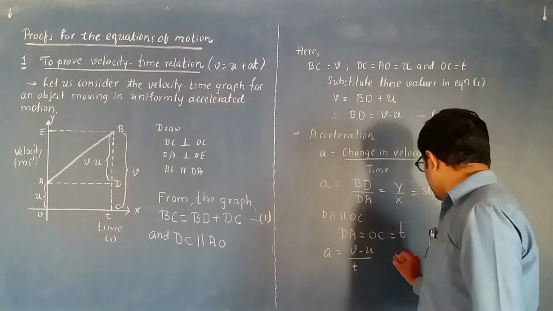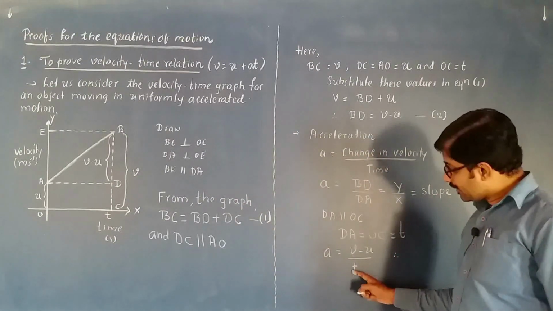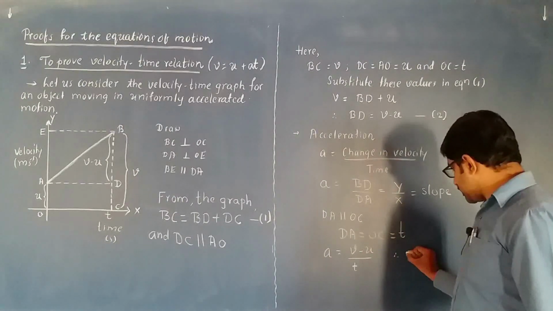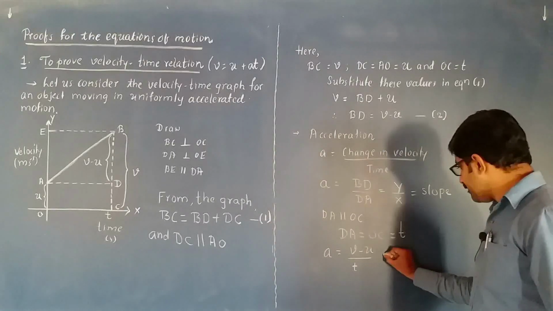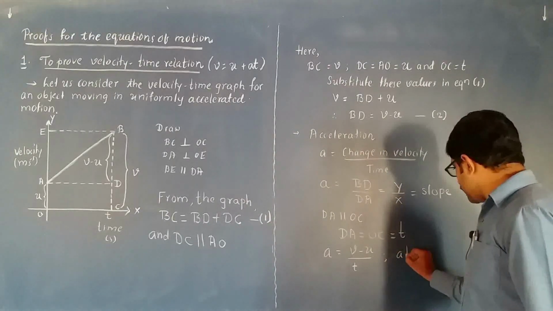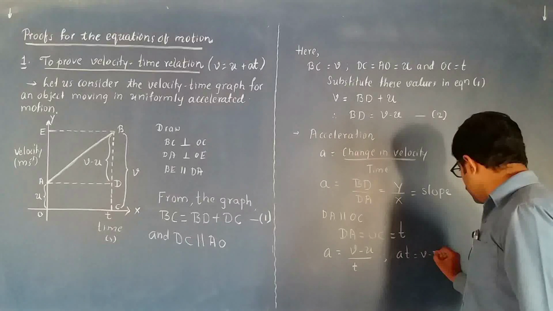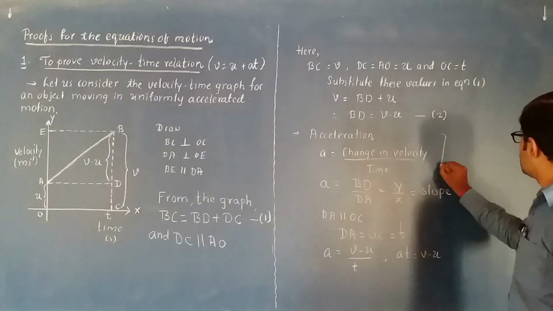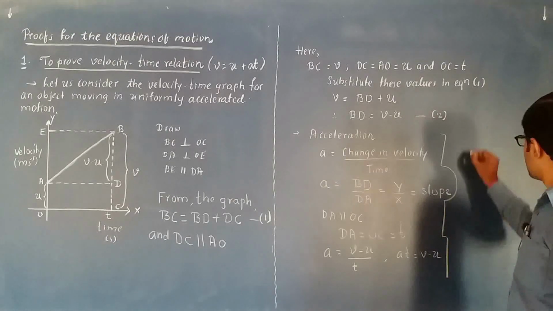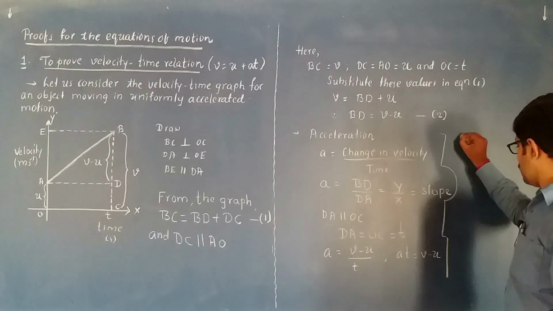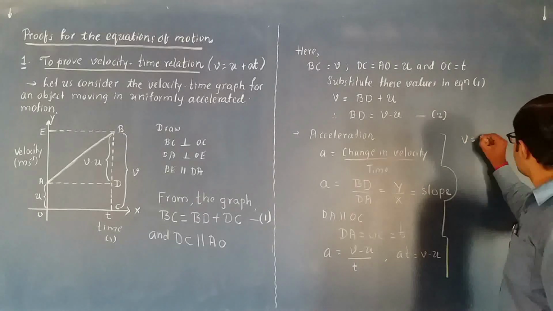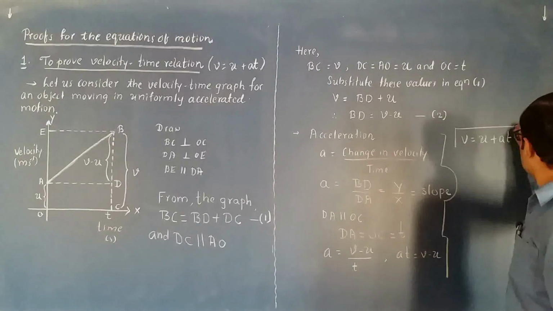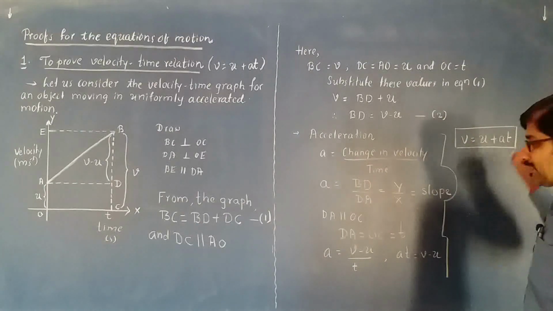Sending t to the other side, A into t is equal to V minus U. Therefore, V is equal to U plus AT.